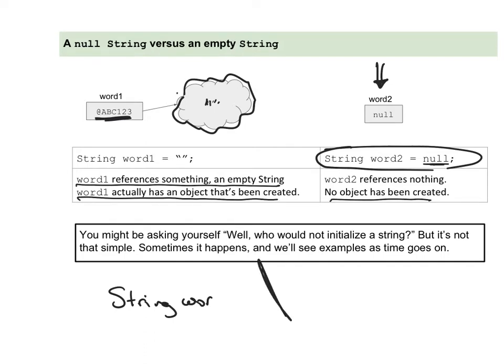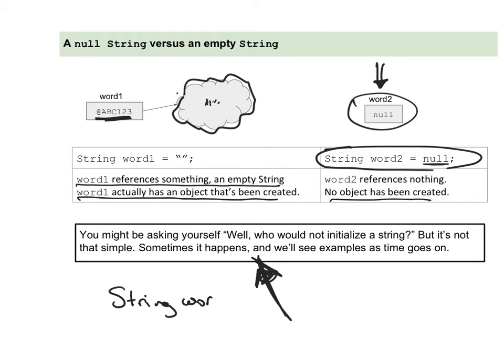Now up here, look at this. You might be asking yourself, why would you not initialize a string? Meaning, why would you not create a string object? Why would you just create a variable and then not have it pointing to an object? There are reasons, and it absolutely happens in Java.